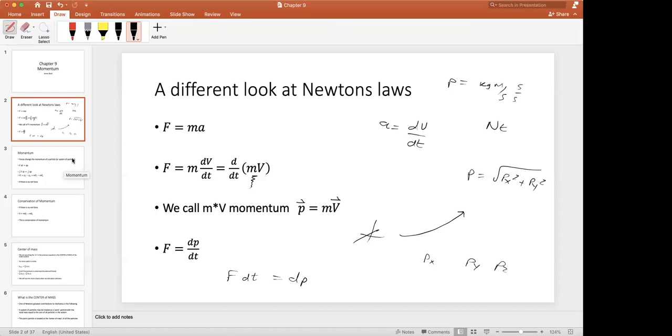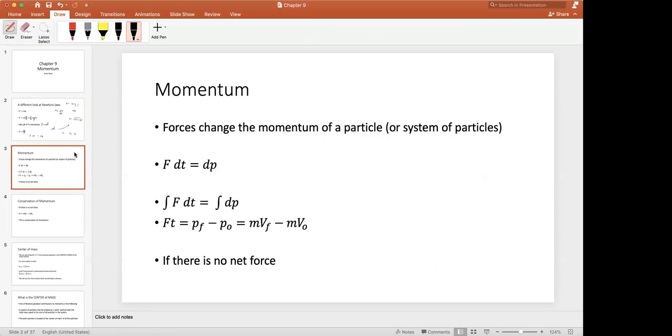So yeah, that is basically momentum. If you go back and you restate Newton's laws, the momentum of a particle stays the same unless acted upon by force. So an object at rest with zero momentum stays at rest. An object in motion stays in motion.